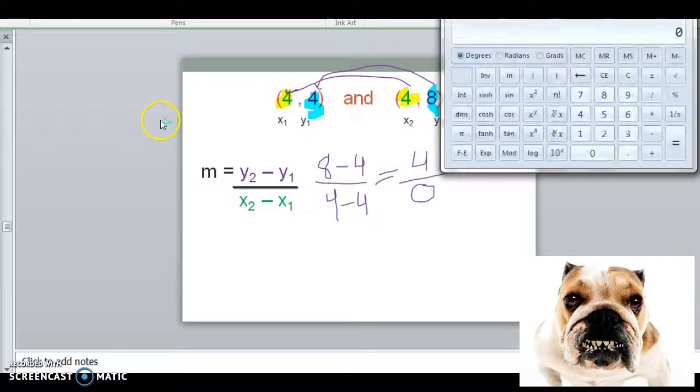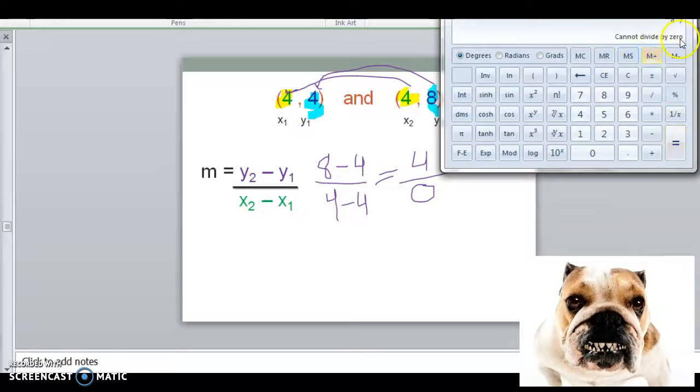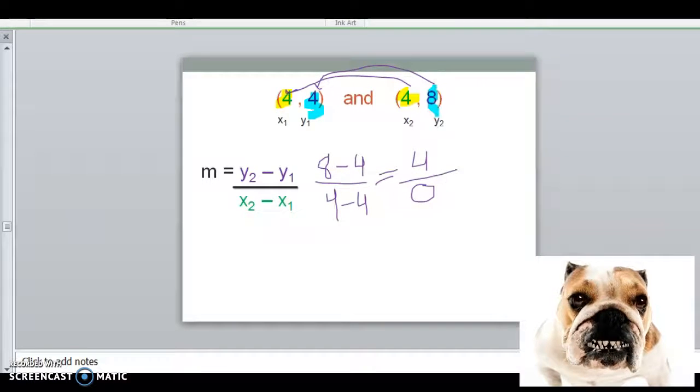If I do 4 divided by 0, what? You cannot divide by 0. And even the calculator proves that. Anytime your x values are the same is going to lead to a 0 in the denominator.